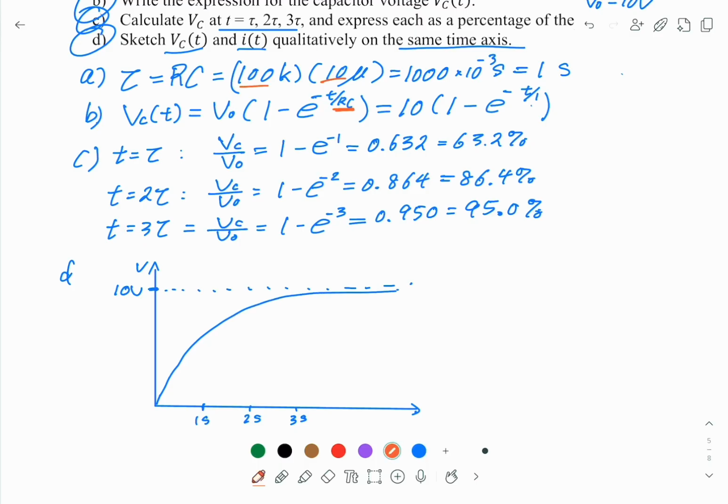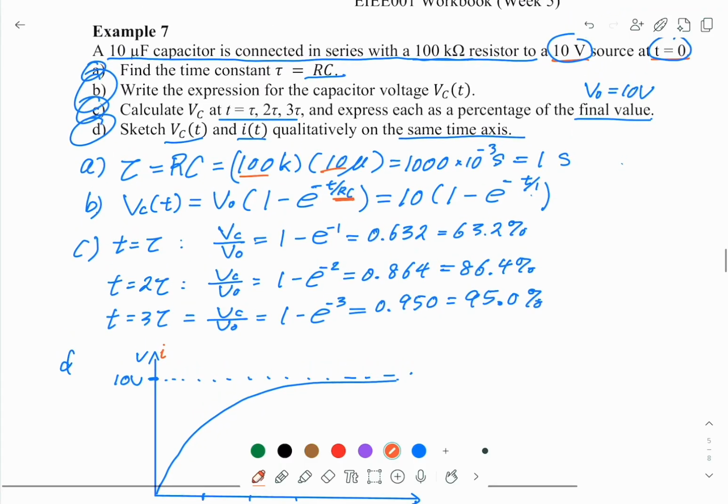D, 10 volt, if this is for V, this will be next. If we want to sketch this as I, now the I here, we need to find I naught. This is the moment the switch is closed, and we can just apply Ohm's law, and this is 10 volts divided by 100k ohm.